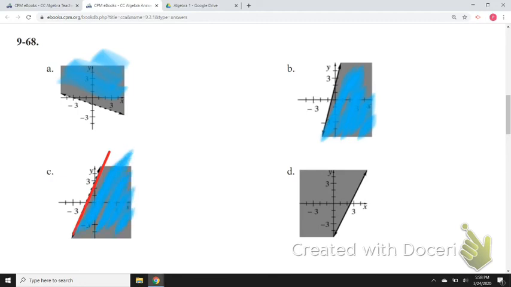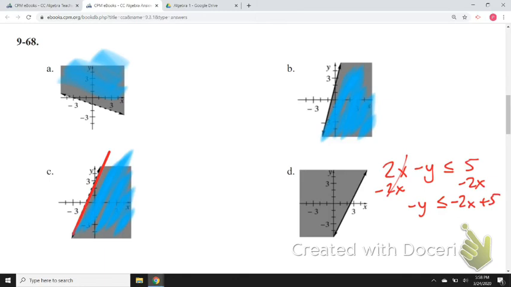The last one is a little bit trickier: 2x minus y is less than or equal to 5. You're going to have to do a little bit of work here. You have to put this in slope-intercept form. So negative y is less than or equal to negative 2x plus 5.